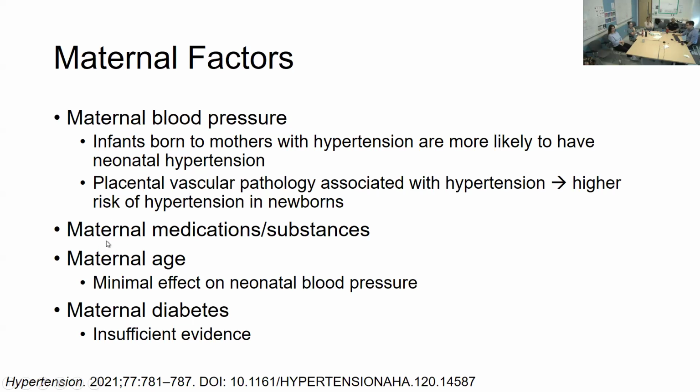Any maternal medications or especially substances like cocaine are also associated. There have been some studies looking at maternal age and maternal diabetes as being associated with hypertension, and for those we don't have quite as much evidence to support.